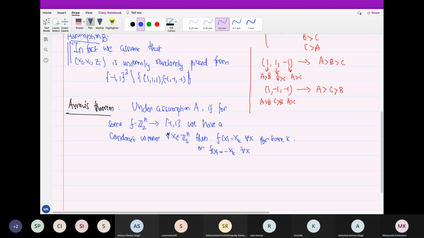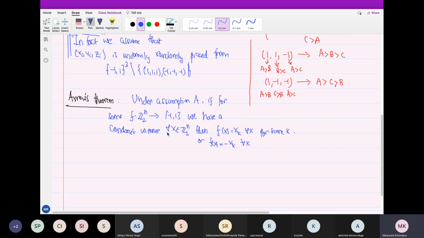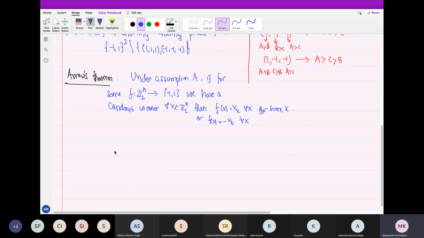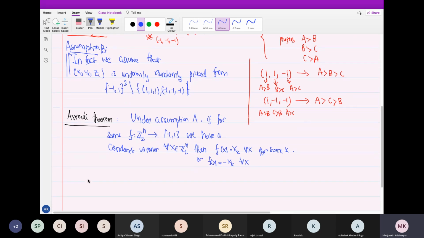Time is up, so I will do the proof next time. Sorry, I wasted time; otherwise I could have gotten to the proof. No problem. The way we will prove it is that we will take assumption B and show that there will be a positive probability of not having a Condorcet winner. The proof will be probabilistic.